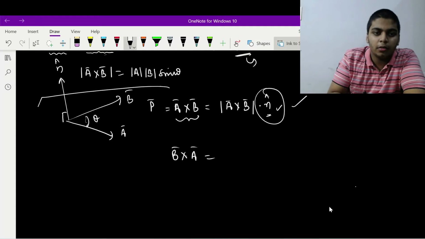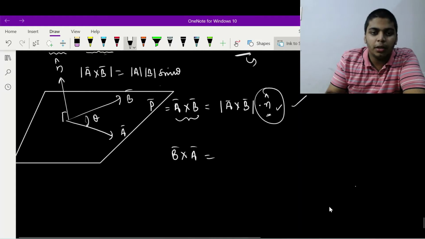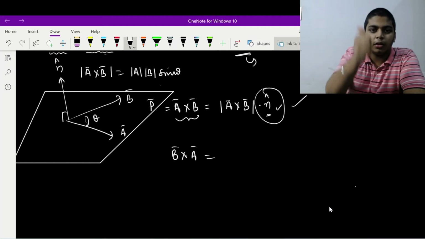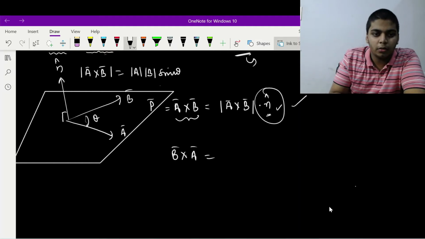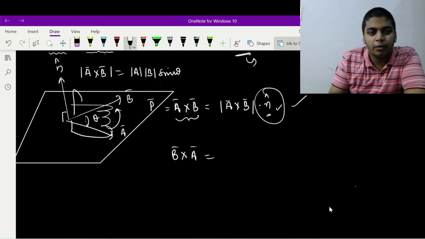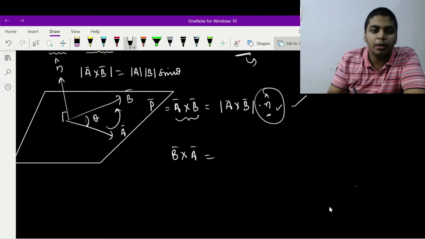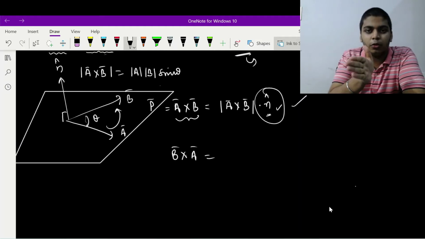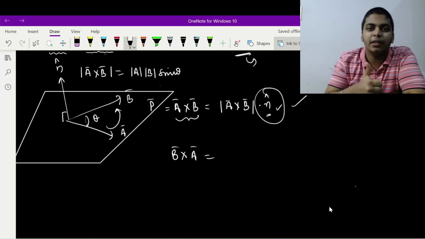Placing my palm here and curling my fingers from a to b in the anti-clockwise sense when viewed from above, the resultant vector is perpendicular above the plane. So the resultant vector is upward for a cross b.